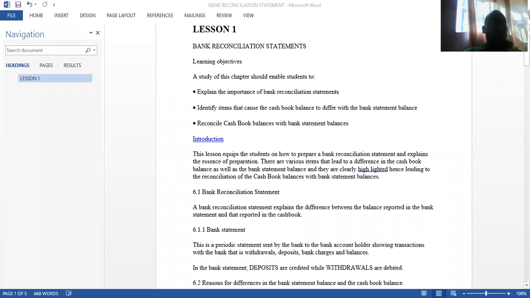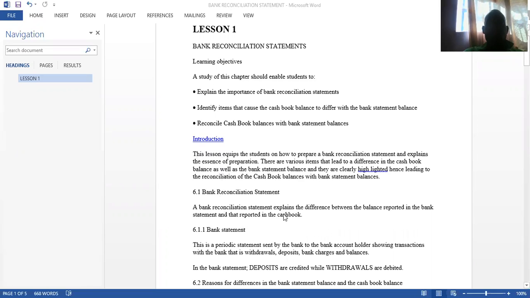So here, we try as much as possible to highlight reasons why they are not identical. On an introductory part of it, from what you can see on your screen, which is the notes that I've shared in our platform, a bank reconciliation statement explains the difference between the balance reported in the bank statement and that reported in the cash book.